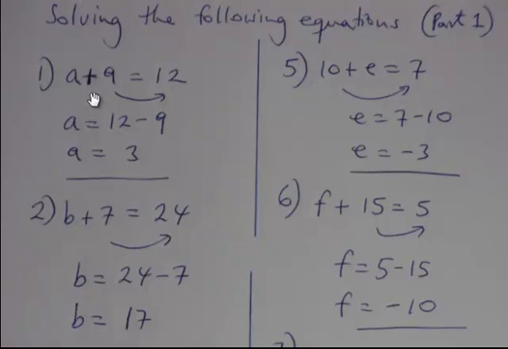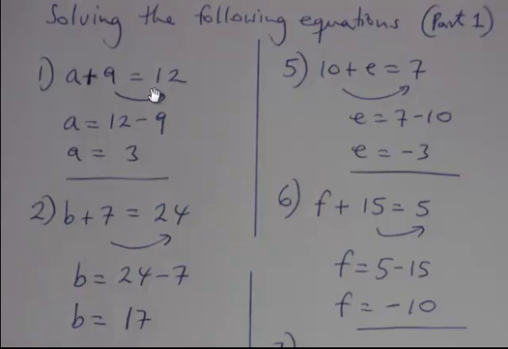So solve the equation means that you're going to find the unknown letter. The equation is A plus 9 is equals to 12. So you do this two ways. I'm going to do it both ways.